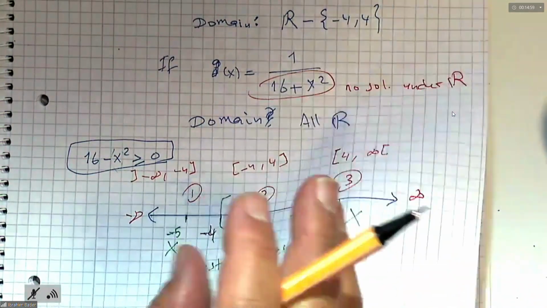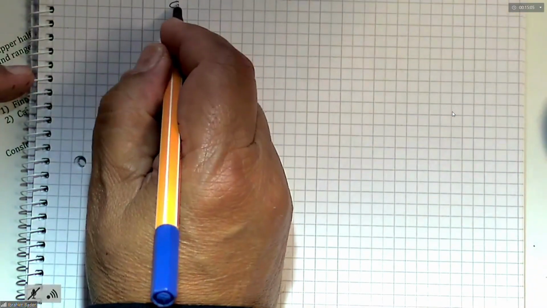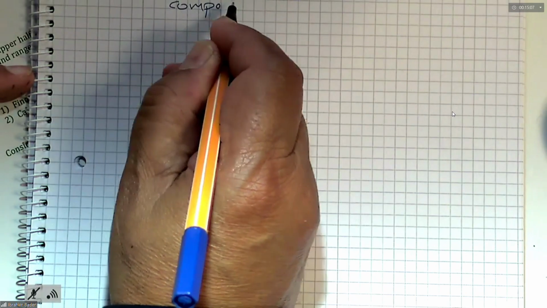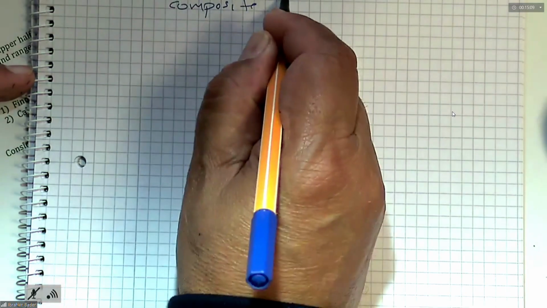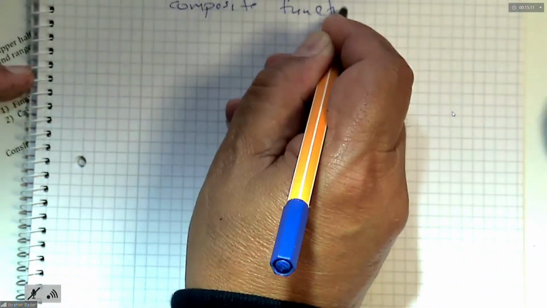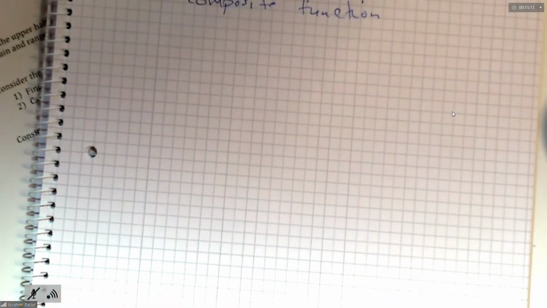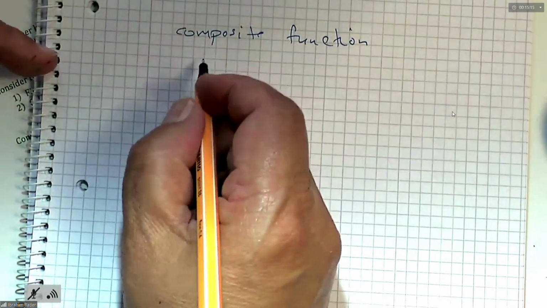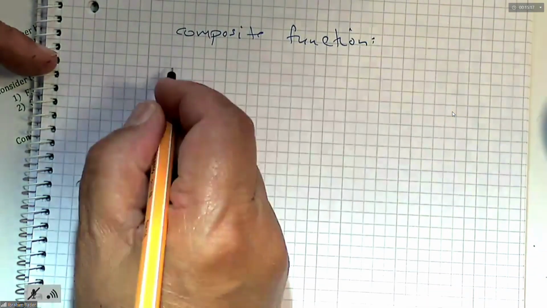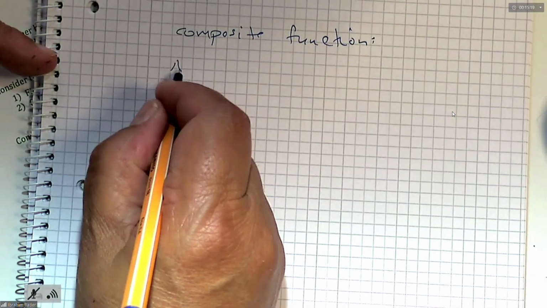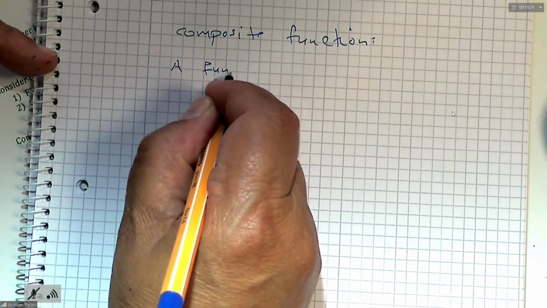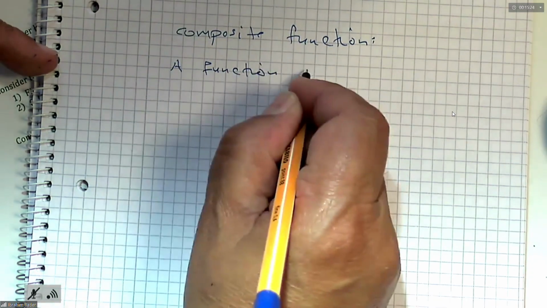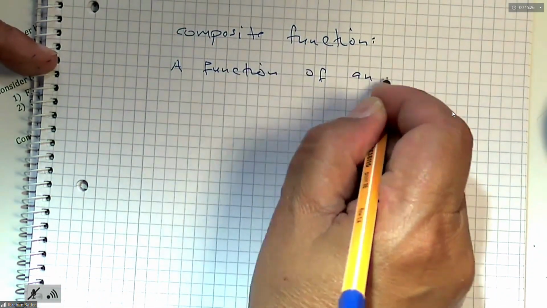Now, the composition function, or the composite function as it is sometimes called, informally, I would write, is a function of another function.